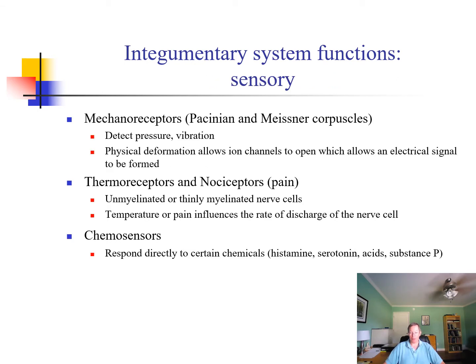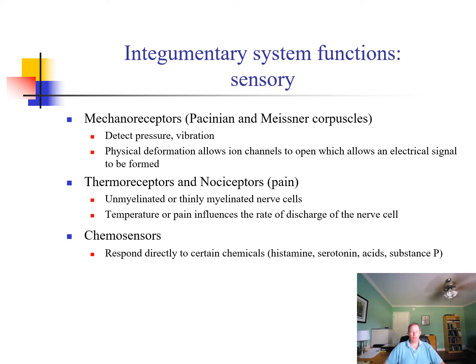Now, I do have several sets of receptors. I have mechanoreceptors that, when I have a physical deformation, allow ion channels to open, which generates an electrical signal. Those are for detecting pressure and vibration. I have a set of thermoreceptors and nociceptors, which are for pain.